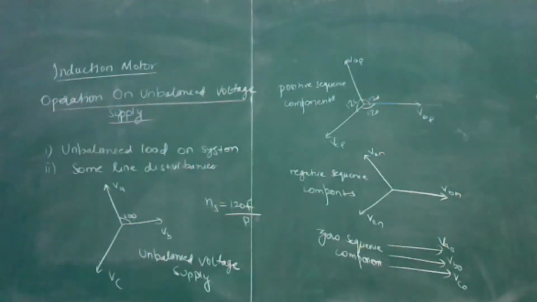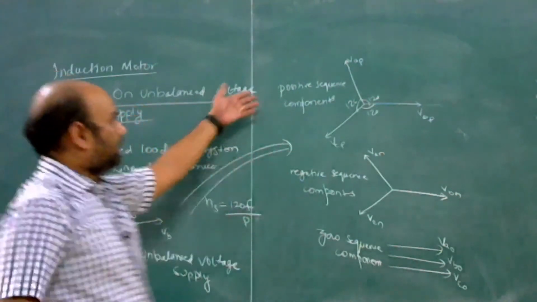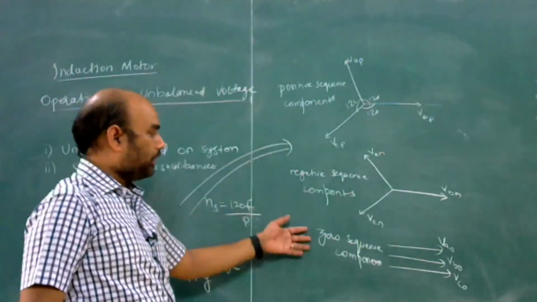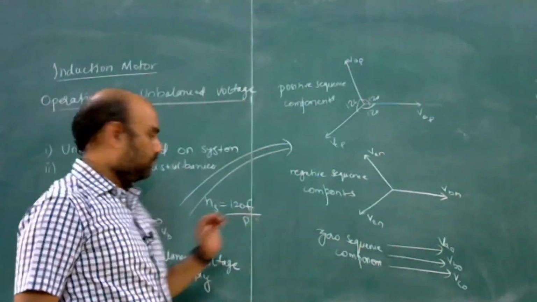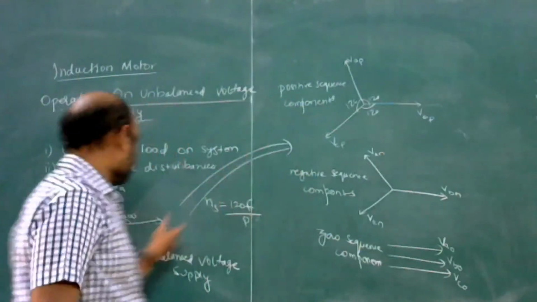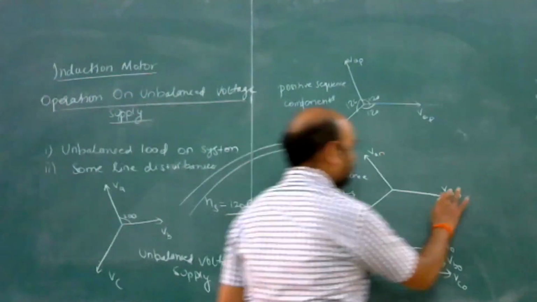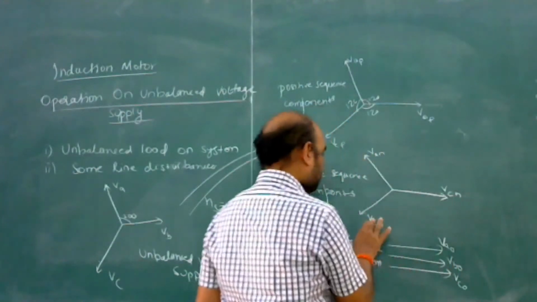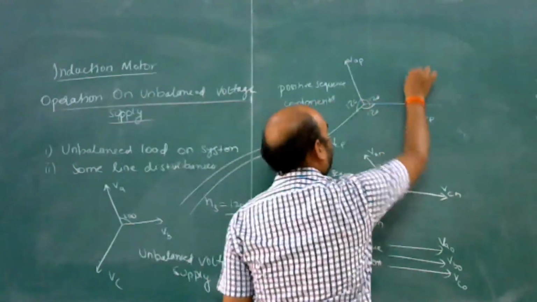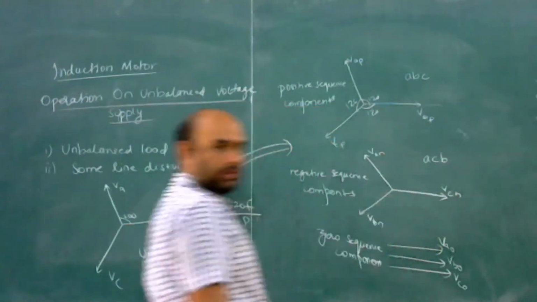So this unbalanced voltage can be split into three sets of components: positive sequence component, negative sequence component, and zero sequence component. The positive sequence has the same phase sequence as the original unbalanced voltage supply, ABC, while the negative sequence has the sequence ACB.